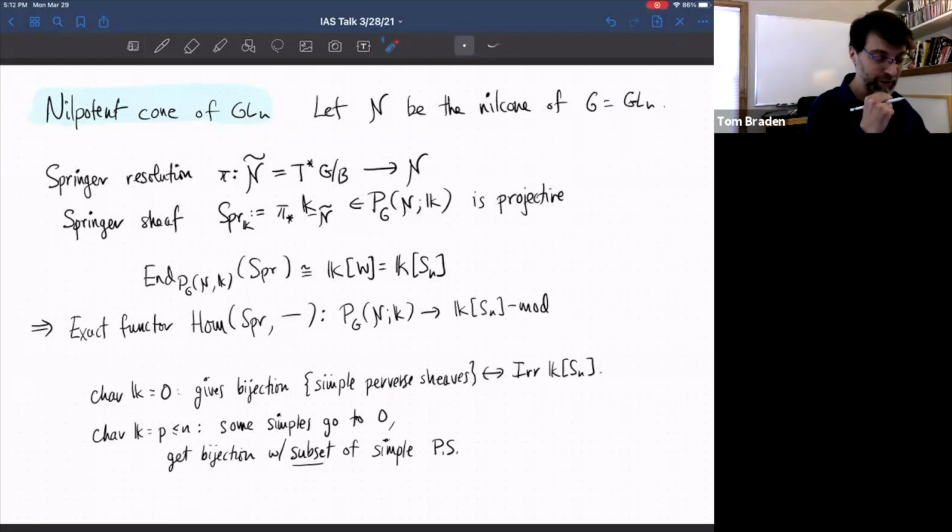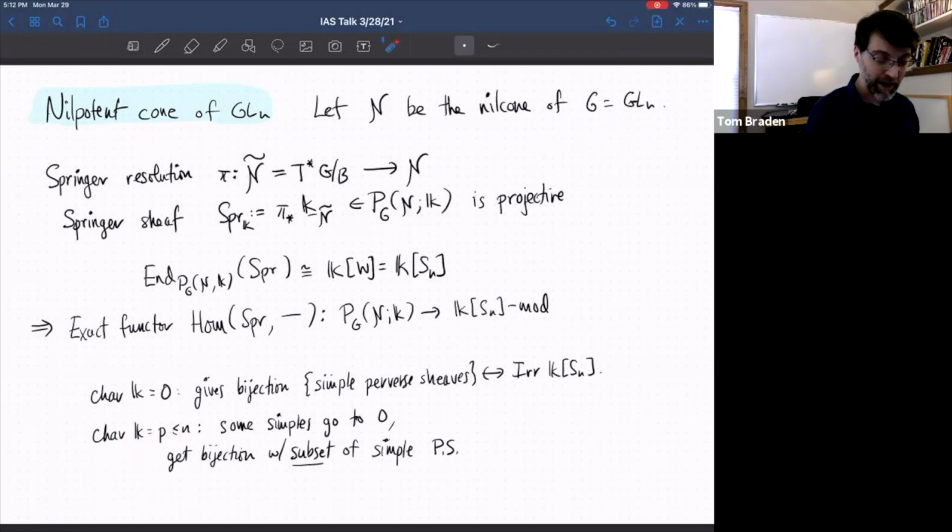Of course, everybody knows that the story is much more complicated in other groups because there are local systems and there are questions of cuspidality and so on, which I don't want to get into. So I'm telling the simplest possible story of Springer theory. But in characteristic p, already the simple story becomes more complicated.